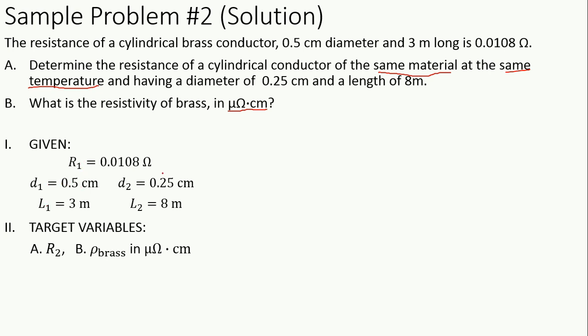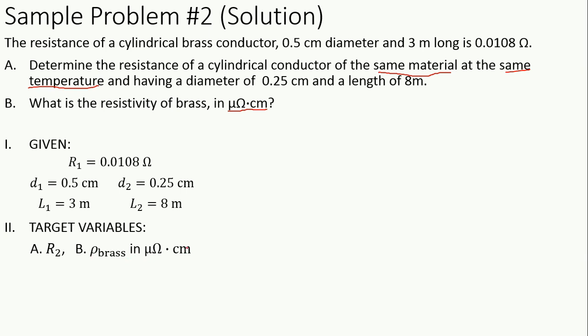Then we're given another set of dimensions of the same material and same temperature, D2 and L2. For letter A, we're tasked to solve for R2. In letter B, we're tasked to solve for the resistivity of brass in micro-ohm cm.